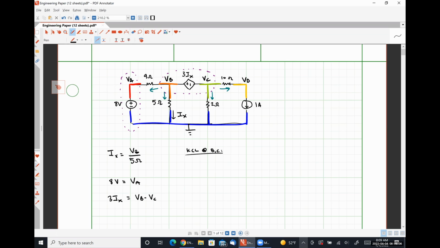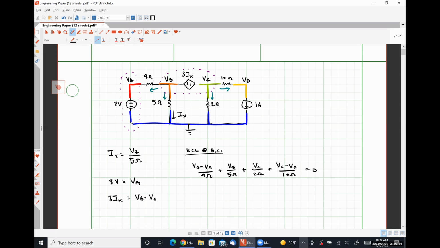So what's that going to look like? VB minus VA over 9 ohms, okay? Is equal to 0.